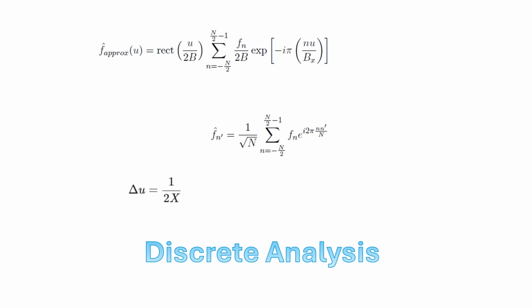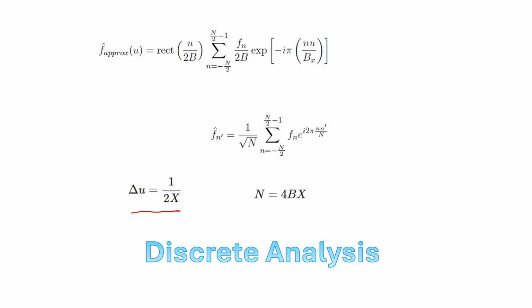Specifically, we assume that the spacing that we need in Fourier space is delta u equal to 1 over 2X, where big X would be the spatial extent of the function in real space. We're making this assumption in analogy with our sampling rate in real space, where we had to sample at 1 over 2b.